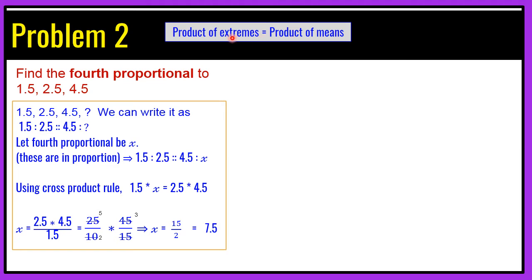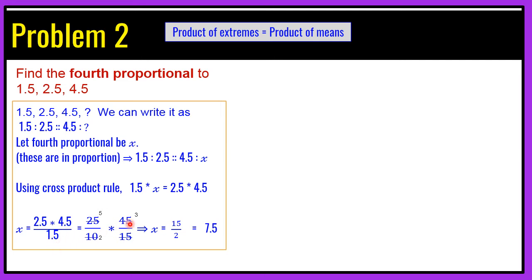Now using this cross product rule, I can simply write 1.5 into x is equal to 2.5 into 4.5. Now x will be 2.5 into 4.5, and 1.5 will come to the other side as denominator. So I can write it as 25 by 10. By removing this decimal, I can write 25 by 10, and this decimal can get cut down with this decimal.